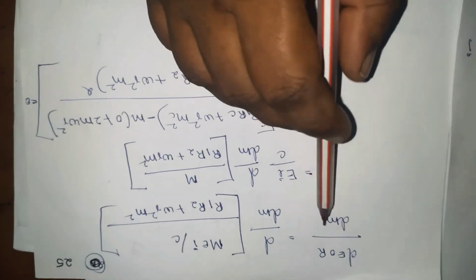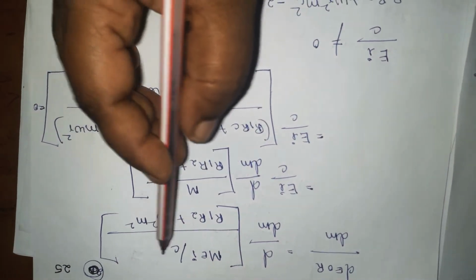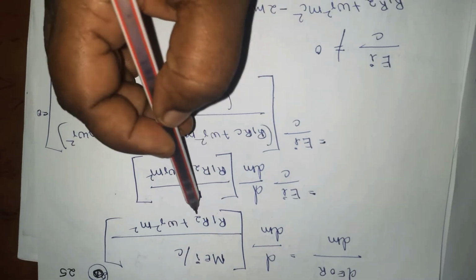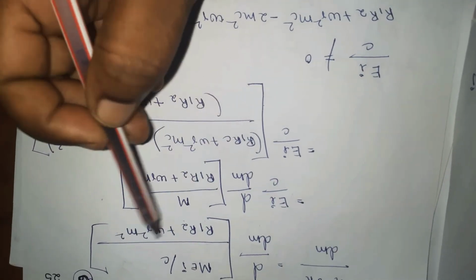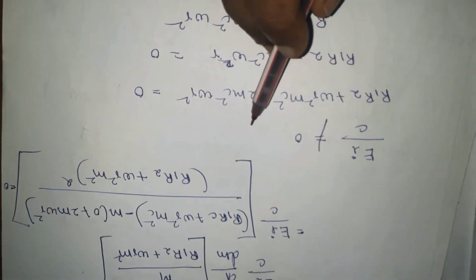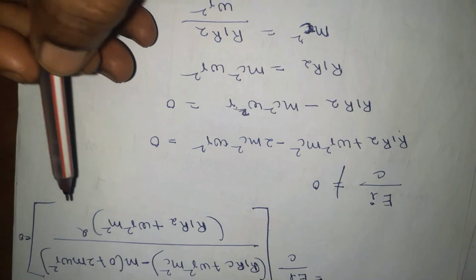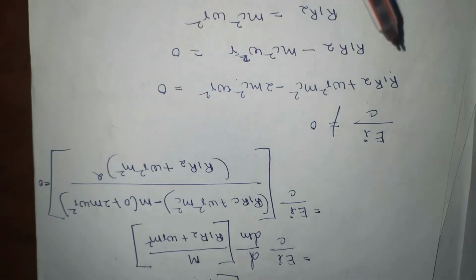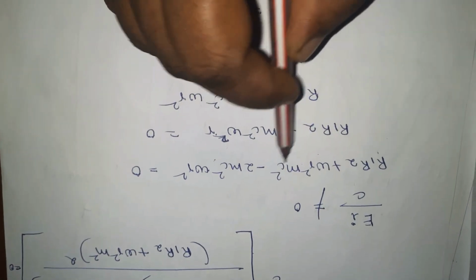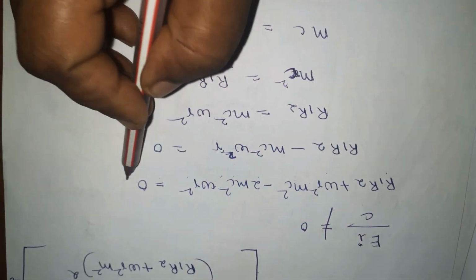So dE0r by dM is equal to d by dM of M Ei by C divided by R1R2 plus ωr²M². Finally you get this value. Ei by C is not equal to 0, that's why you write like this. So consider this term: R1R2 plus ωr²Mc² minus 2ωr²Mc² is equal to 0.